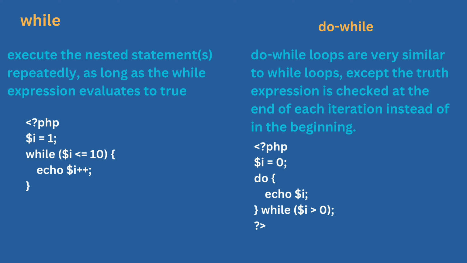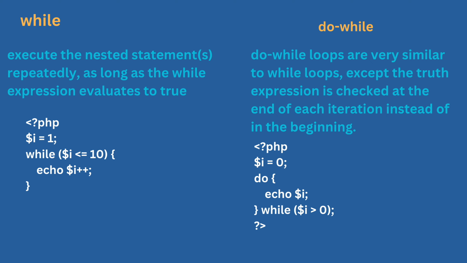Now we'll see how we do repeated tasks. Like if you have to keep printing something, what will you use? Some loops. I think in JavaScript you also saw the for loop, while loop, do while loop, right?